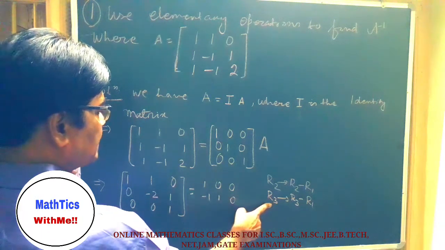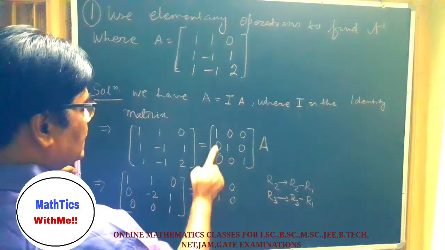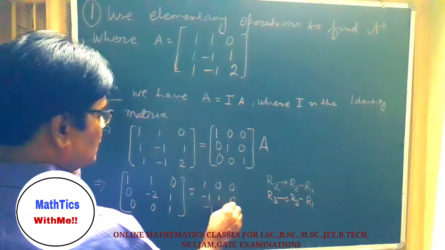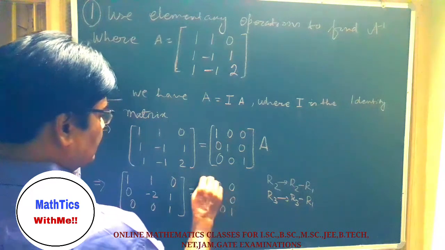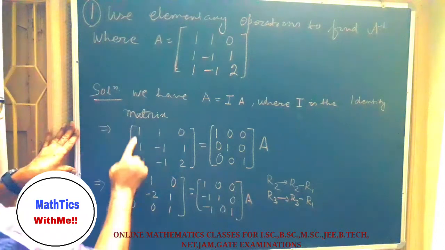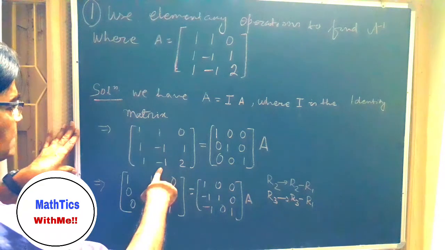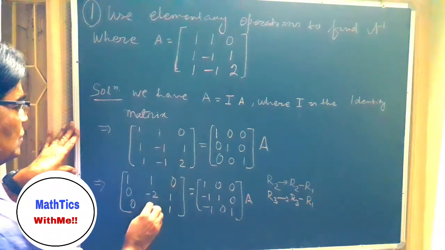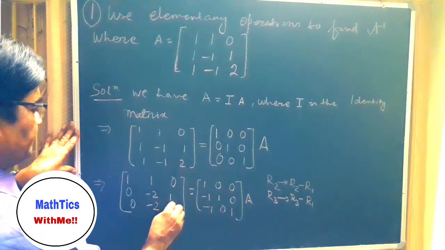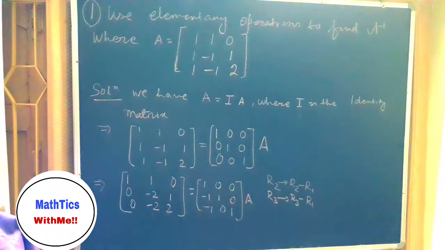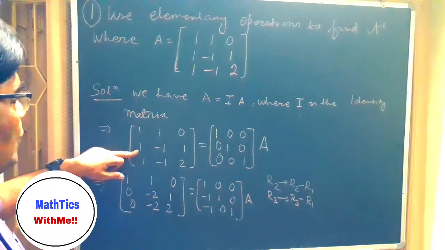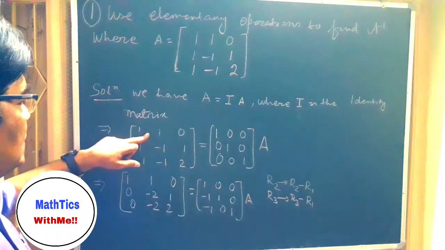Row 3 is replaced by row 3 minus row 1. What we have done here: row 2 is replaced by row 2 minus row 1.